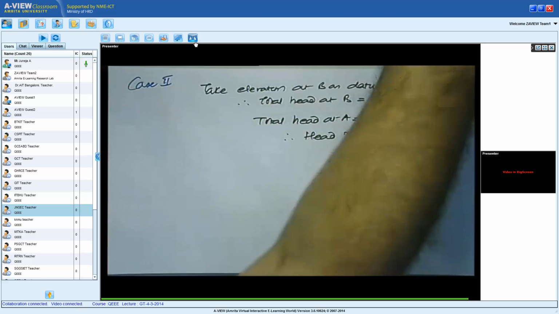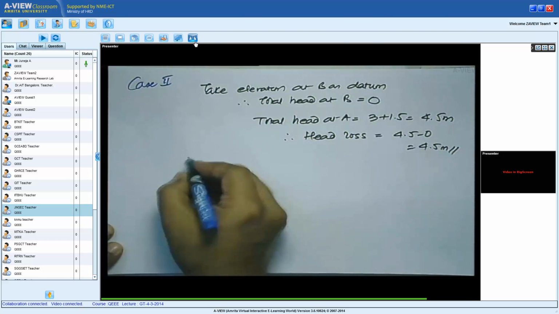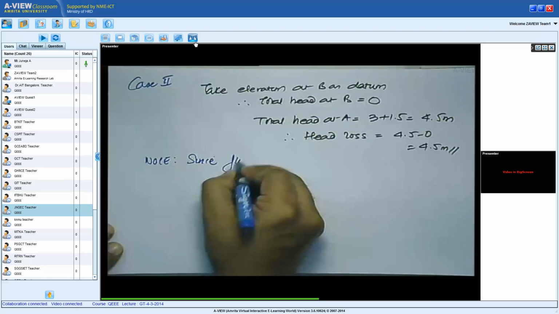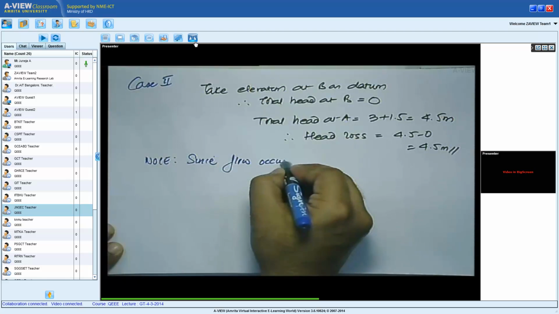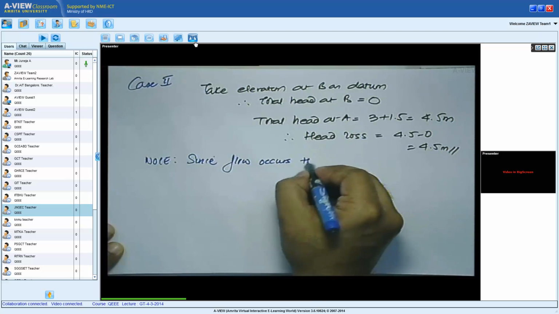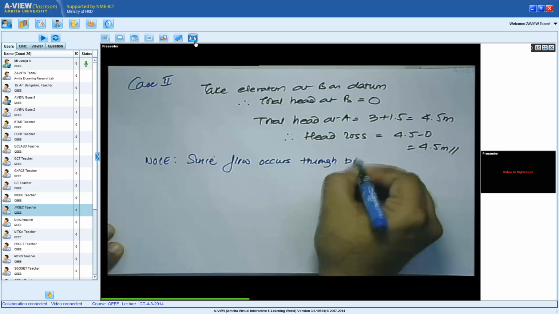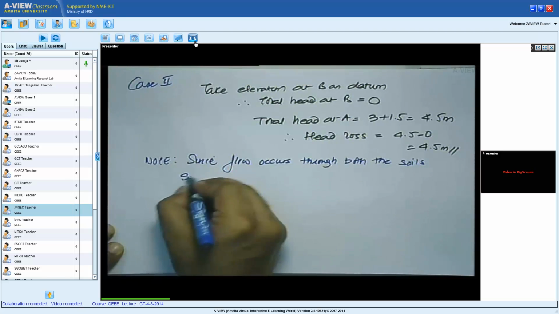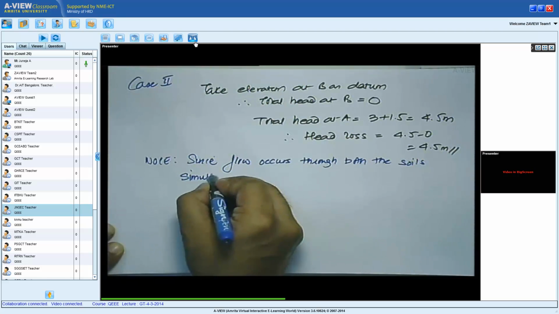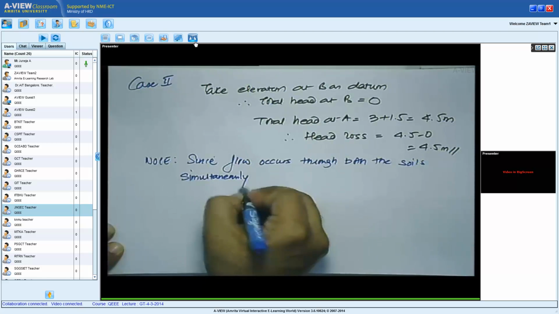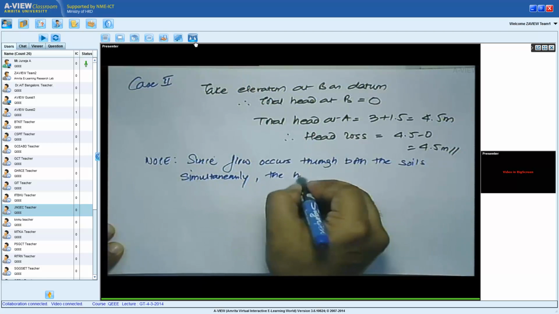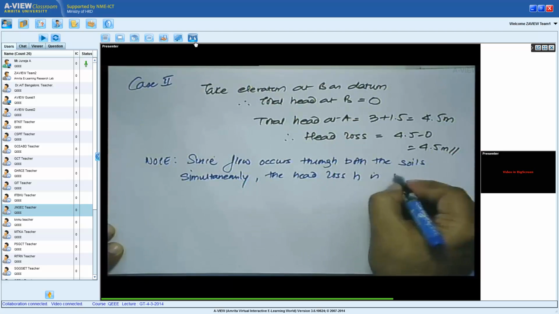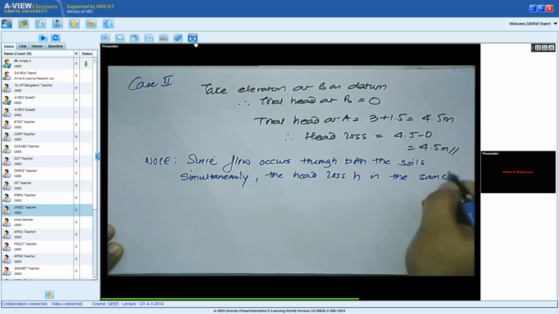So again, just to put it in English, we say, note, since flow occurs through both the soils simultaneously, the head loss, that's H, is the same in soil 1 and 2.